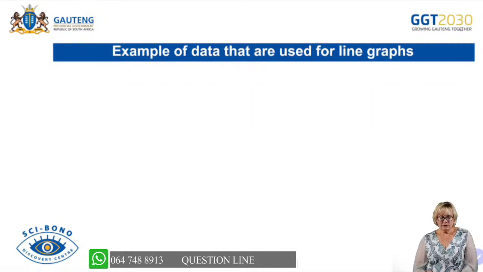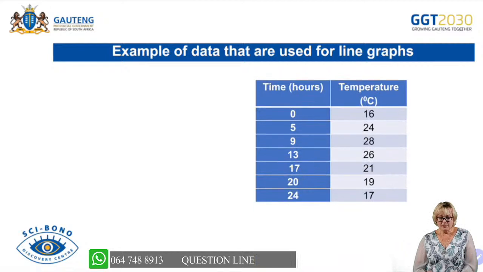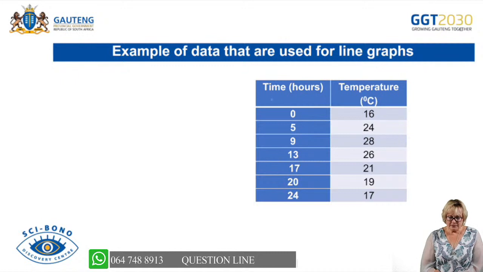Example of data that are used for line graphs. All right, like we said, you can get a table like this one. Left hand side you have time in hours, right hand side you have temperature. And remember what I said, in life sciences we do not include the unit in the cells. If you look here in the right column, where is degrees Celsius placed?